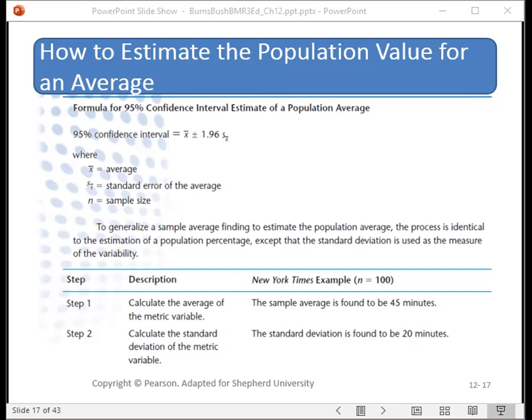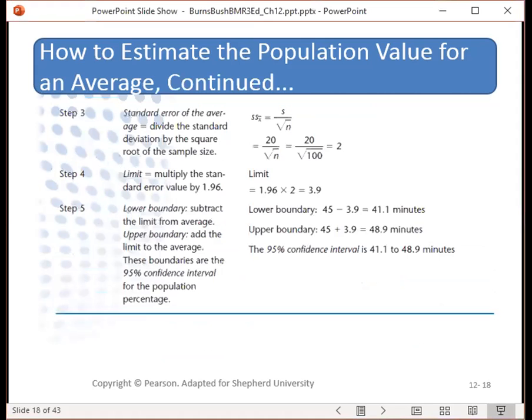To get the upper bound, we add the limit to the average to get the upper bound of 48.9 minutes. And of course, we see those calculations right here. So we get our lower bound of 41.1, upper bound of 48.9.